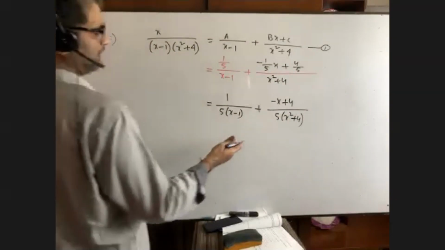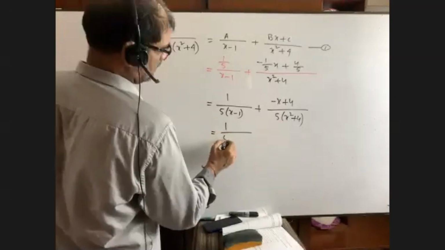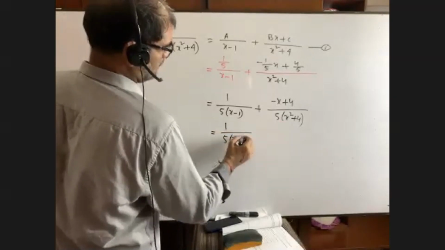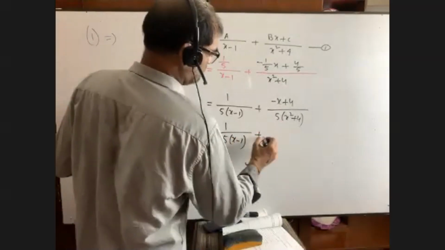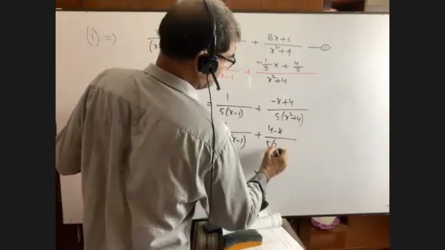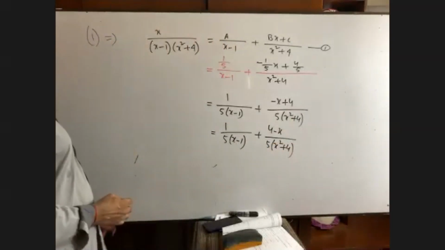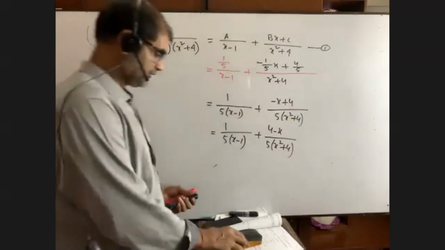That 5 will be in the denominator. That I told you. 1 by 5 into x minus 1 plus, we can write here 4 minus x by 5 into x square plus 4. Okay, this is the math. So we can see the answer.